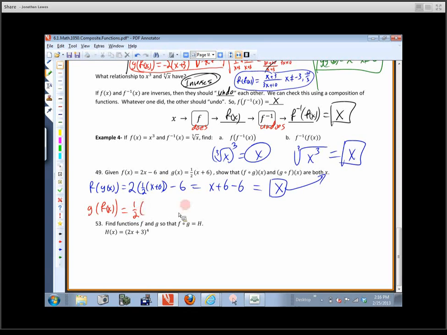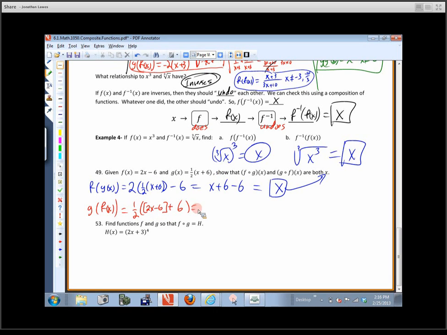So g is 1/2 of something plus 6. There's g, 1/2 of something plus 6. What am I plugging in? I'm plugging in f, which is 2x minus 6.